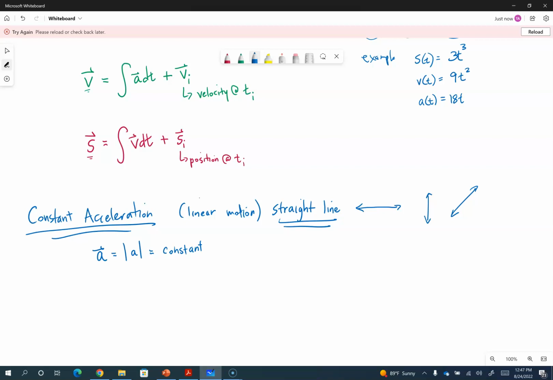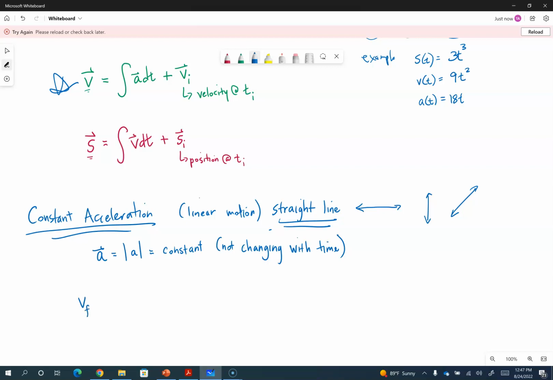That's what we mean by a constant. It is not changing with time.